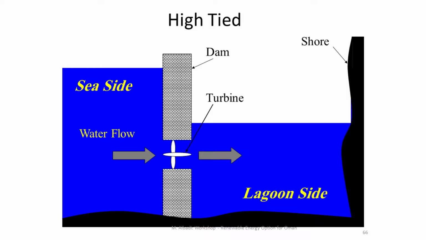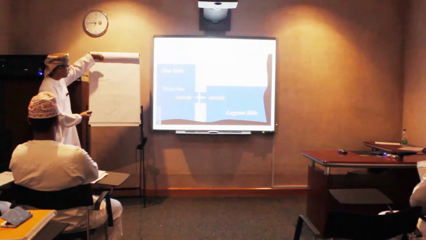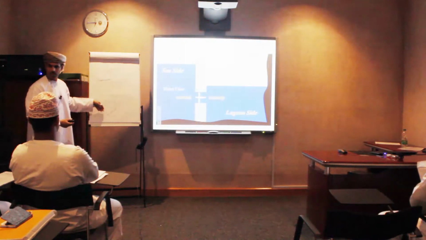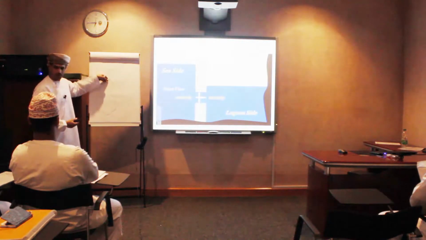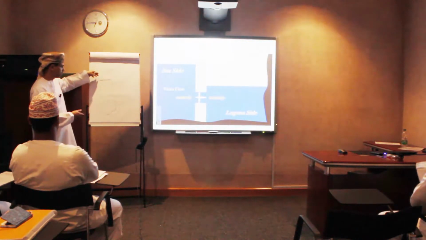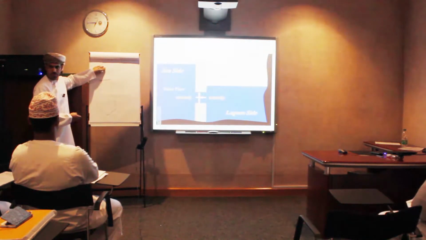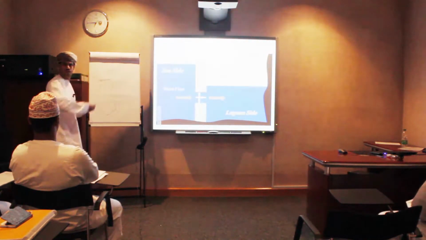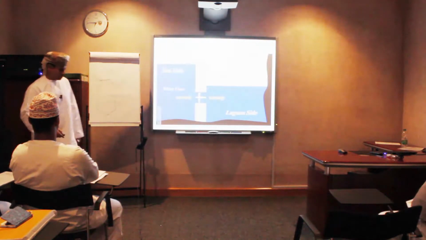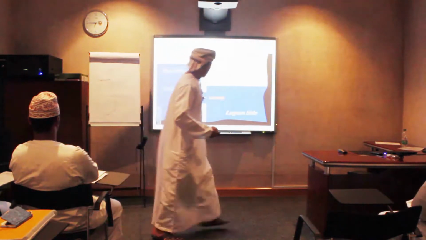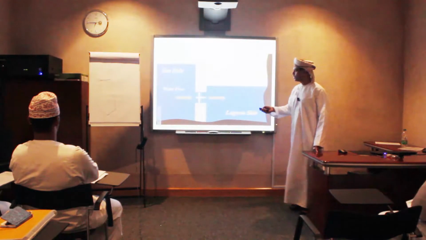You can make that dam here, and then in that dam, during high tide, the sea level will increase, then water will flow inside this lagoon, and then you can produce some energy. You can convert that to rotational energy and then to electrical energy. At low tide periods, you can allow water to flow again to the other side. So this is actually the procedure of this system.